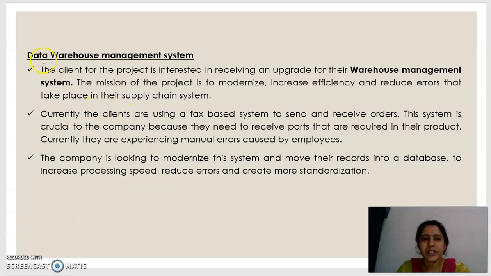And the third application is the data warehouse management system. This data warehouse management system is for any company that wants to modernize their business. Up to that point, their transactions, or sending and receiving orders, were all done manually.